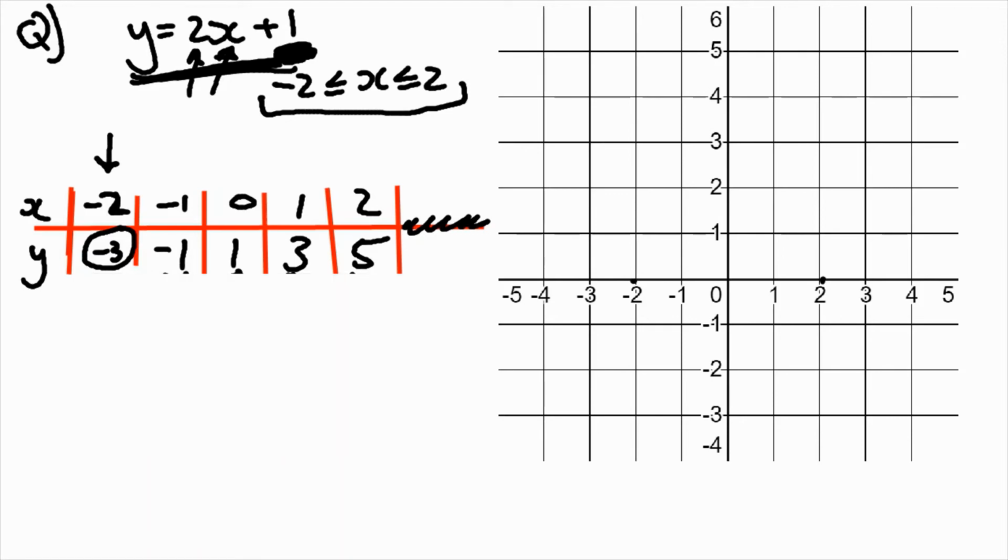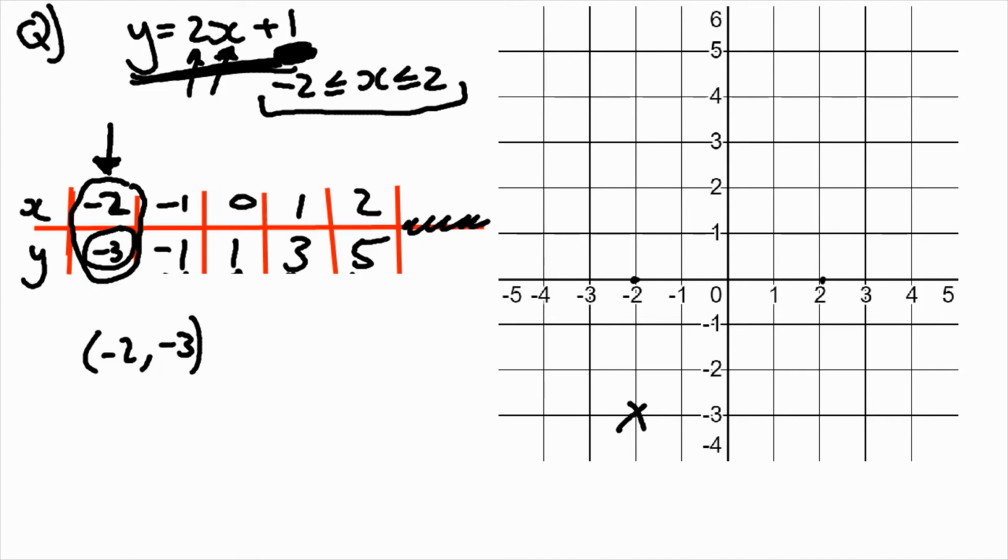So now we've checked it's right, we can plot. So let's take our first pair of coordinates. This set here. What it's saying is our first coordinate is -2, -3. So we go along to -2 on the x-axis and down to -3 on the y-axis.